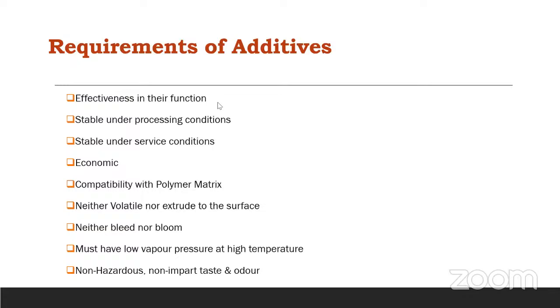So let's say if you are preparing 100 kgs of material, in that 100 kgs you add 70% polymer and 30% filler. Overall you sell 100 kgs of material, in which you have 70 kgs of polymer and 30 kgs of filler.